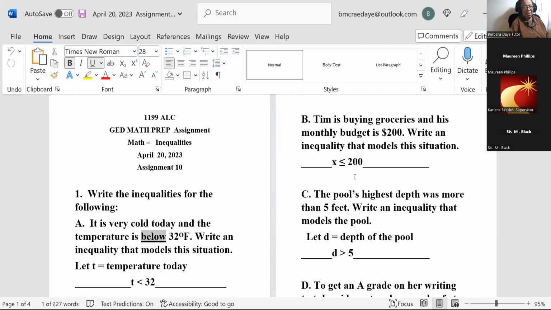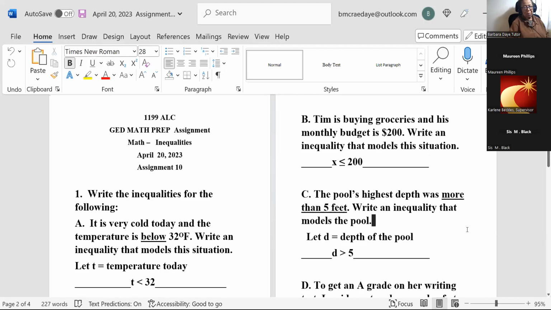Okay, Mercedes, now go to C, read C and see if you understand the answer. The pool's highest depth was more than 5 feet. An inequality that models the pool. What does more than mean, Mercedes?